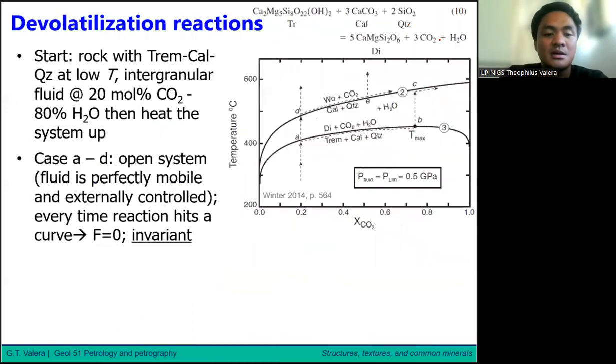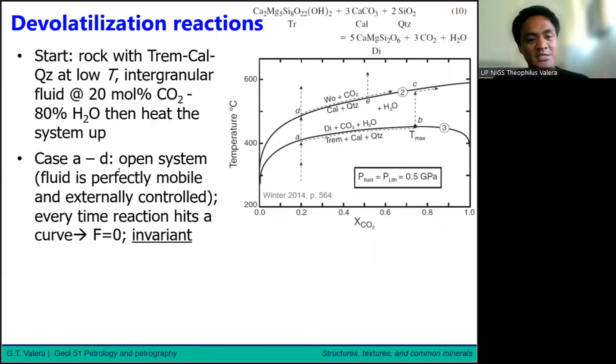What if the system is, so ito yung sabi ko kanina, let's start with the rock, tremolite, calcite, and quartz at low temperature. Yung intergranular fluids niya is 20% mol carbon dioxide and 80% mol water. And then we heat up the system.